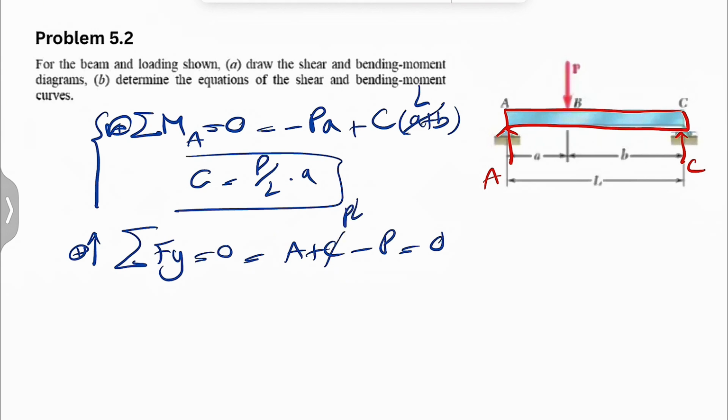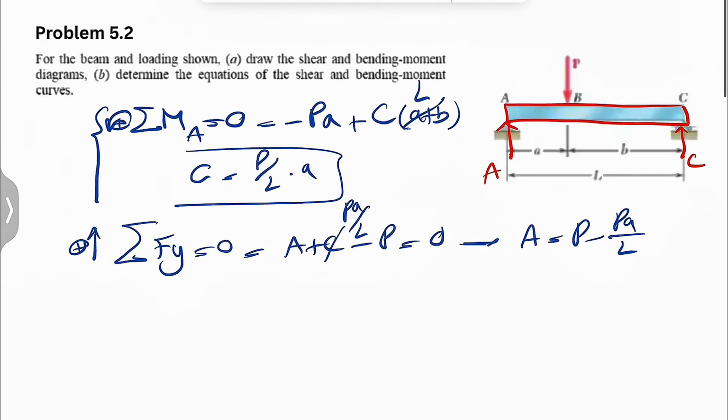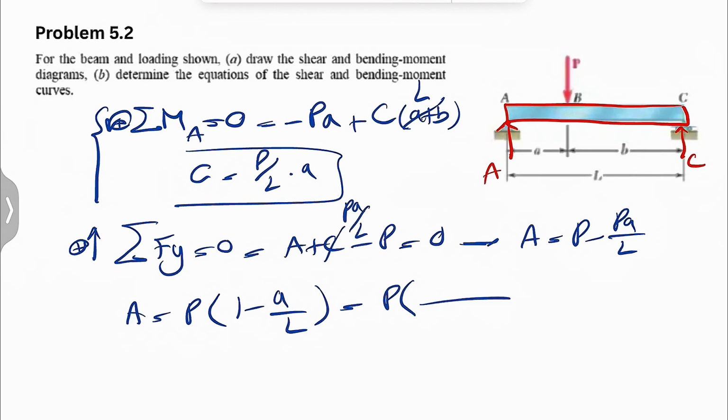Our C is Pa over L, so we can find A in here, which is going to be P minus Pa over L. We can just factor a P in here, so we have 1 minus a over L. You can find a common denominator L, so it's going to be L minus a, and L minus a is going to be our b. So our A is Pb over L.